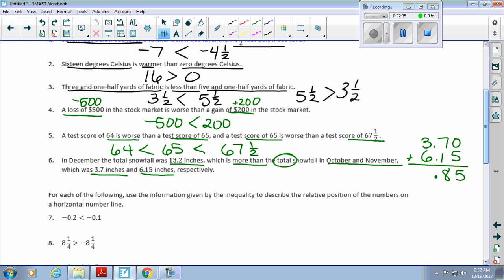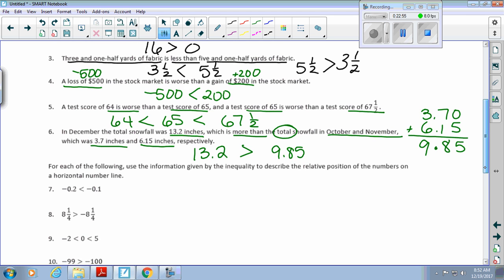Bring down your decimal point. 7 plus 1 is 8, and 3 plus 6 is 9. So we are comparing 13.2 to 9.85. All right, 13.2, is that greater than or less than 9.85? Everybody? Very good. So they got more snow in December than both of those other months combined.